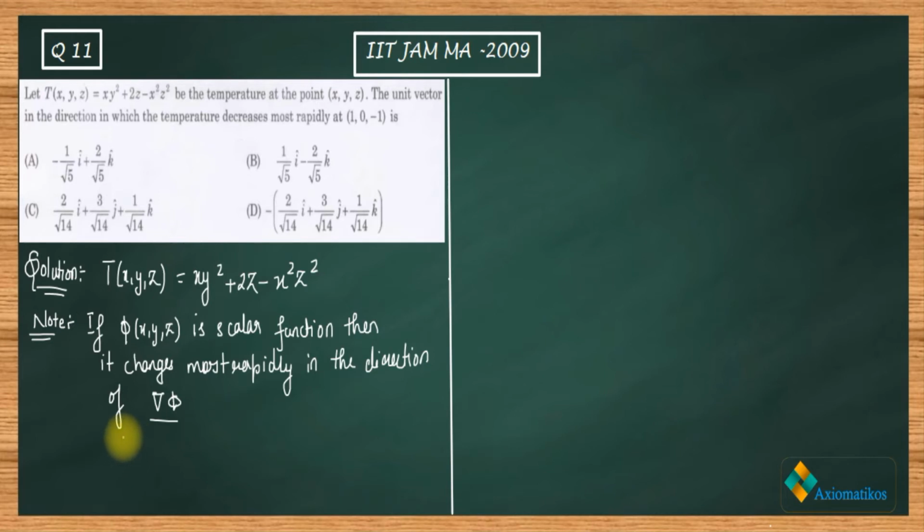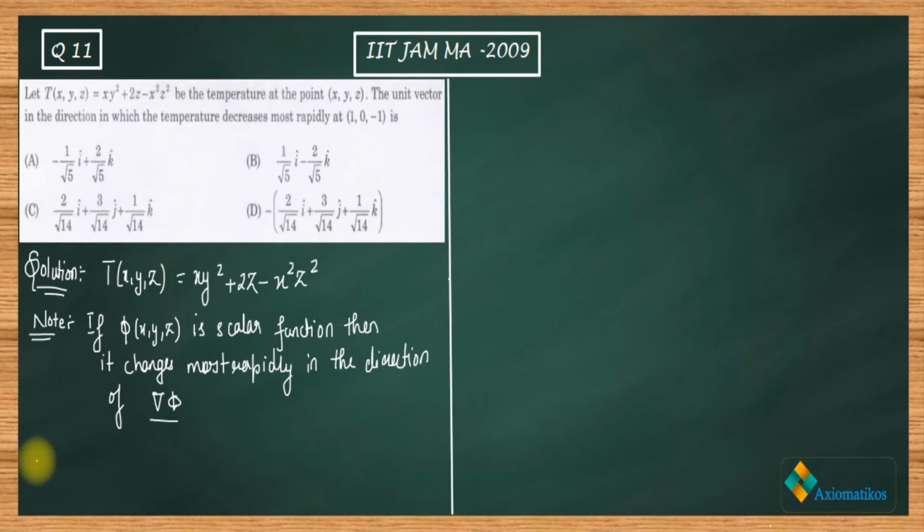Right now what you need is the direction in which the temperature decreases most rapidly. From this note we can say that temperature will change most rapidly in the direction of del T, that is grad T. But since the question is asking about the decrease, I have to put a minus before it.